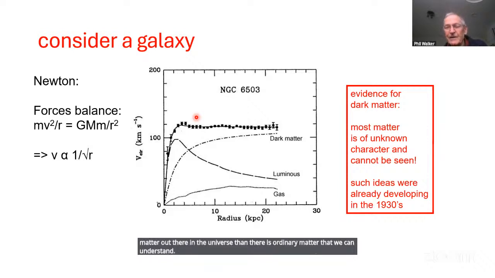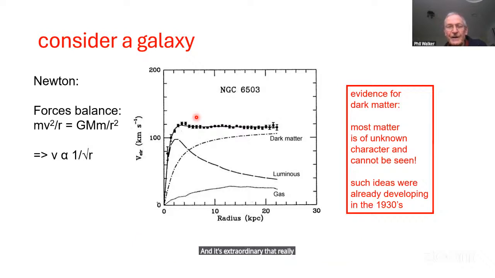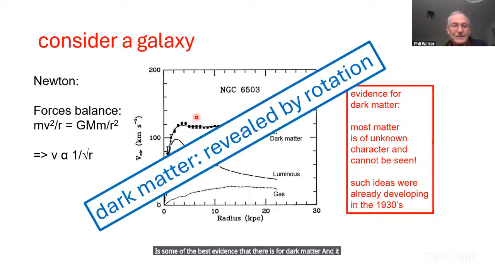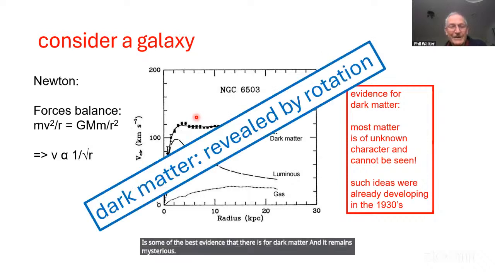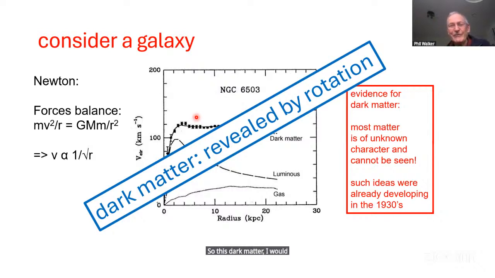And it's extraordinary that this story has been developing for almost 100 years, but we still have no good idea of what dark matter is, let alone worrying about dark energy, which is another problem. But here is some of the best evidence that there is for dark matter, and it remains mysterious. So this dark matter, I would say, is revealed by rotation.